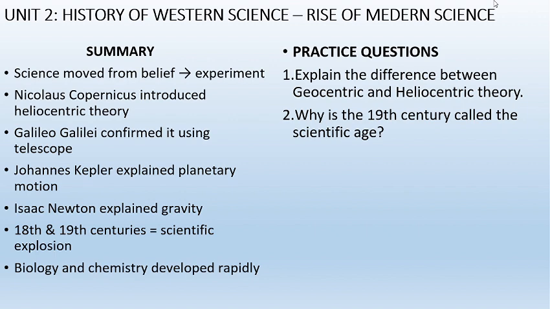So science moved from belief to experiment. Under this history of Western science, for these modern science students, in that experiment they started to test ideas, they started to observe. All of this makes more sense.